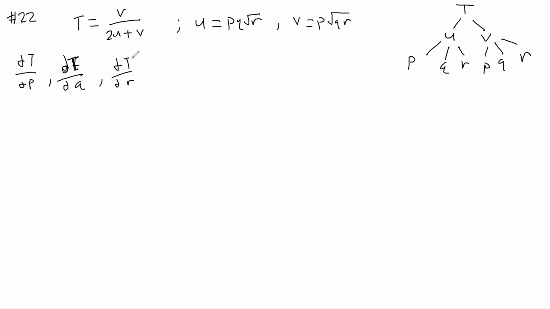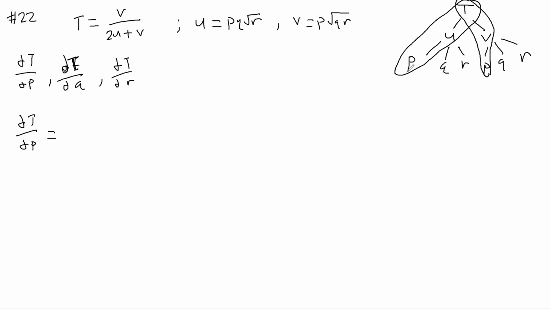Again, the same approach as how we dealt with chain rule in the previous questions. Let's start off with dt over dp. From this, you can see that there's one route which goes through u, and there's one other route.